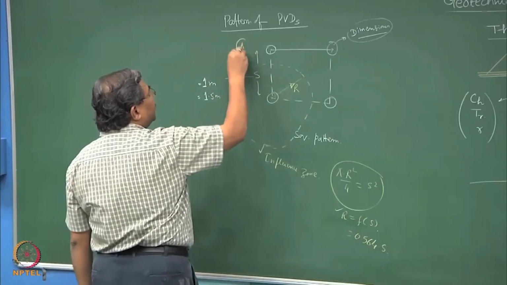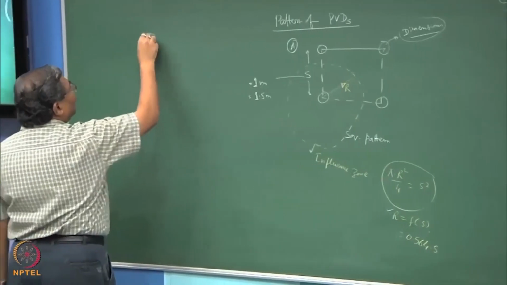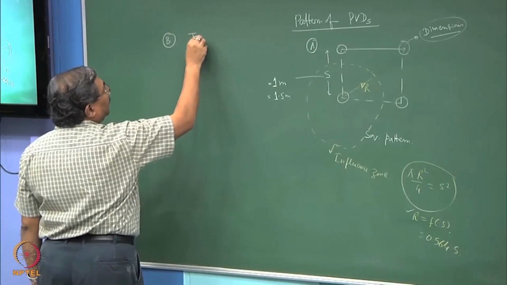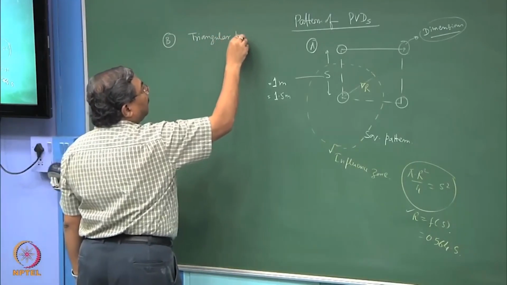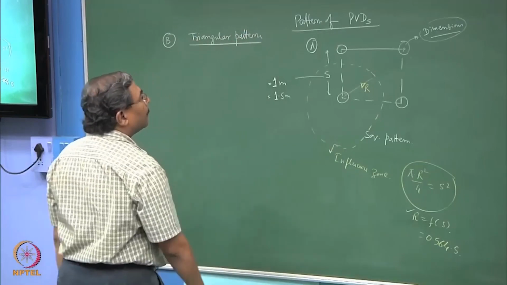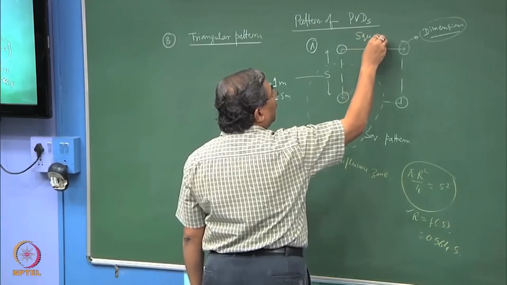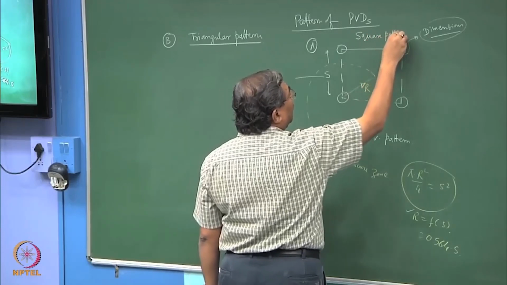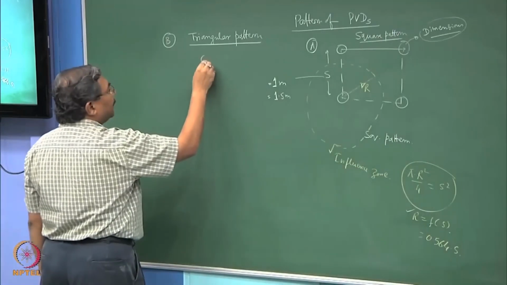The second pattern which is normally used to install the PVDs is the triangular pattern. So, this is the square pattern, and this is the triangular pattern.